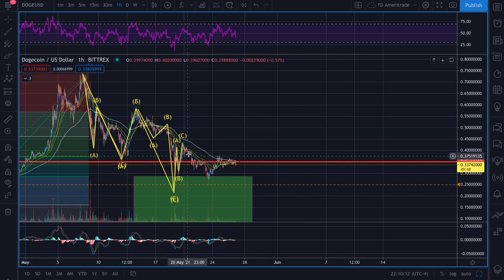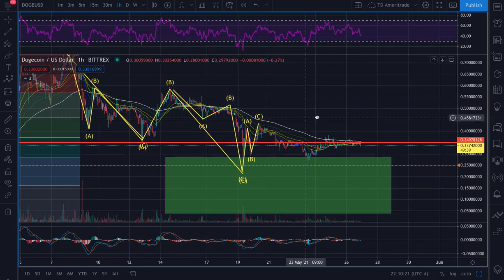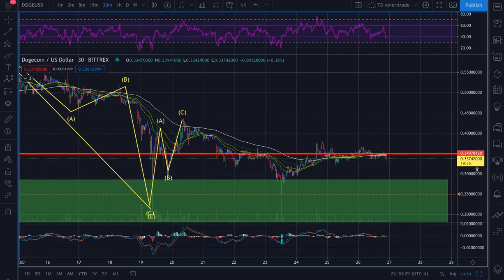That's one potential. This already came down. This doesn't look like a 3, does it? Let's get in there a little more.